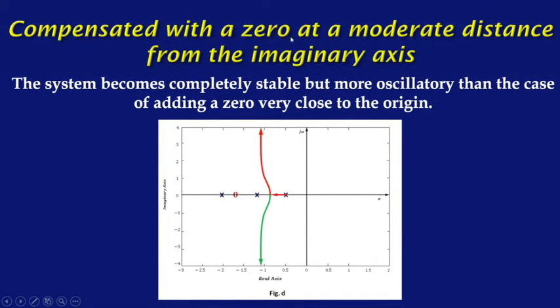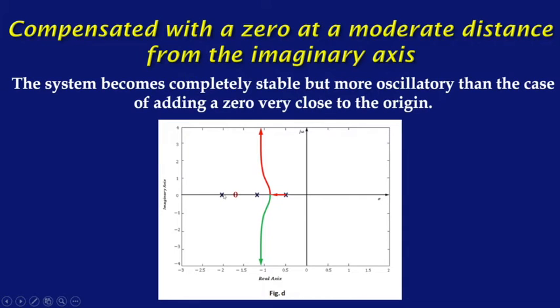Compensated with a zero at a moderate distance from the imaginary axis. So let us consider a zero at a moderate distance from this origin. So there are two root locus branches that meet at that point and move to infinity along this asymptote.